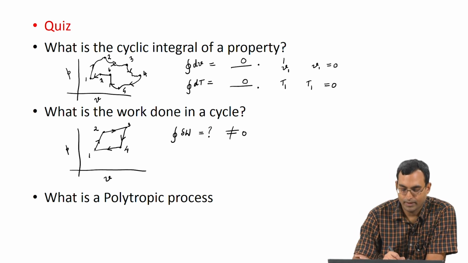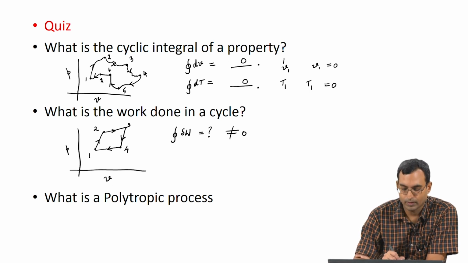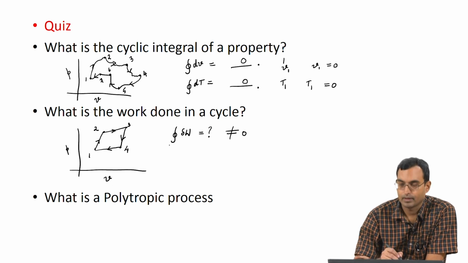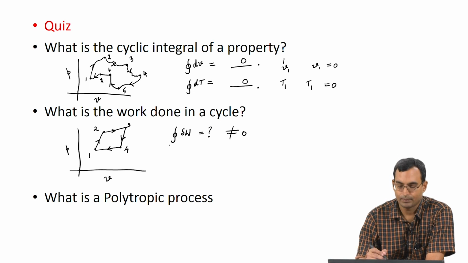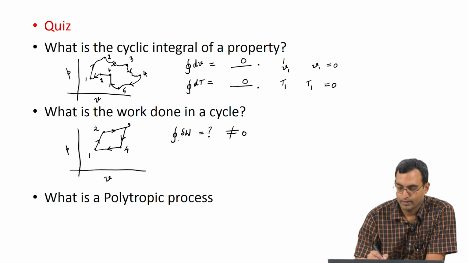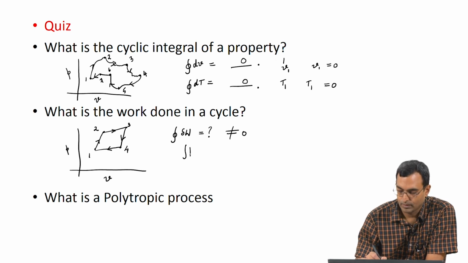Since we went away from 1 along some path and came back in some other path, these paths enclose a cycle. What we know is that if the work is only in the form of displacement work for a system, as we were looking, then the work in general is given as the integral of PdV.